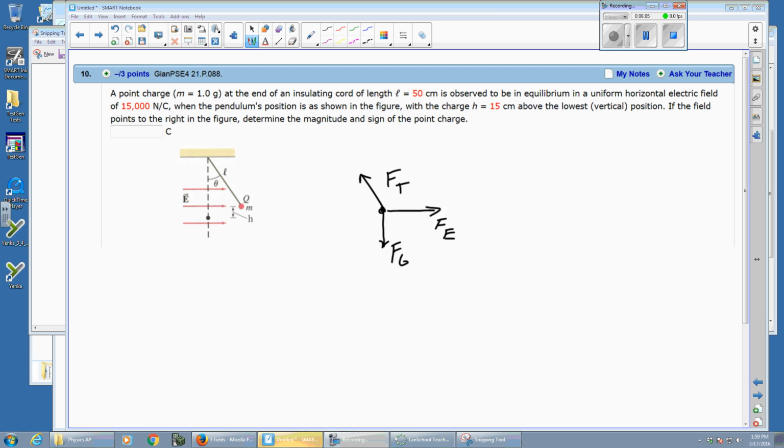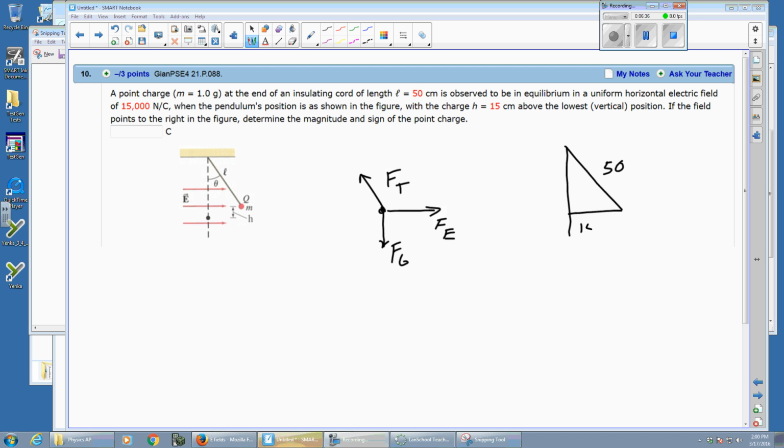And what type of charge feels a force in the direction of the field? Positive or negative? Positive, yay. So then I can do a little geometry. Where this is 50.